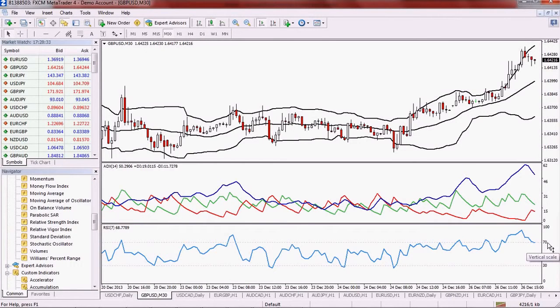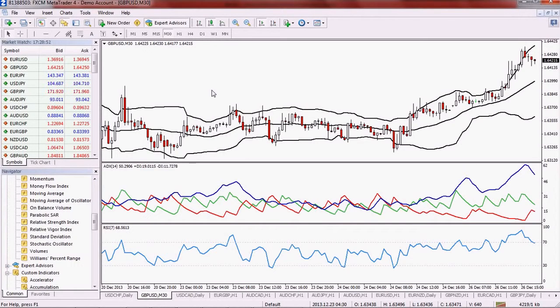Now, this strategy can be used for any major currency pair, like the Great British Pound and Euro, US dollar and Swiss franc, and US dollar and Japanese yen.